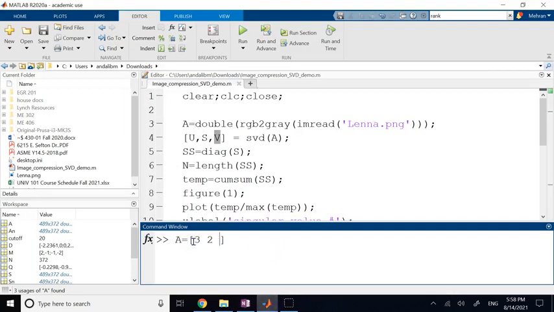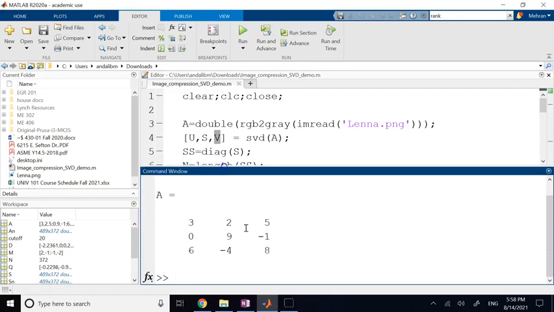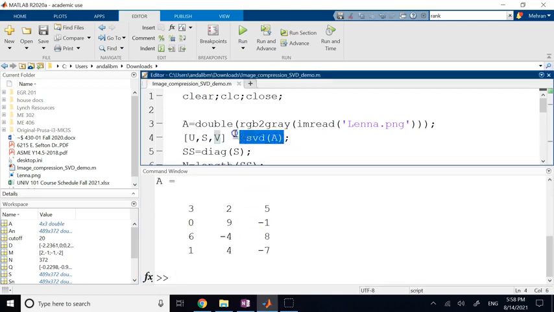So 3, 2, 5, 0, 9, negative 1, 6, negative 4, and let's say 8. Okay, so I have this, oh, it's 3 by 3. I need one more. So let's say 1, 4, and negative 7. Right? So I have this 4 by 3.